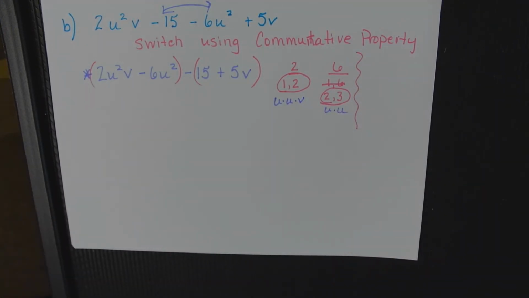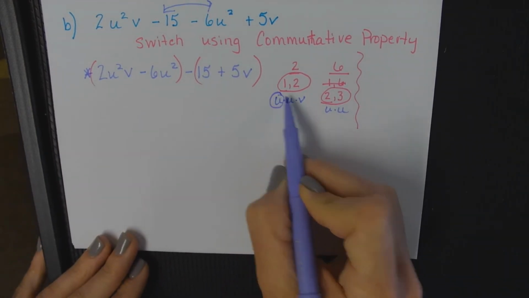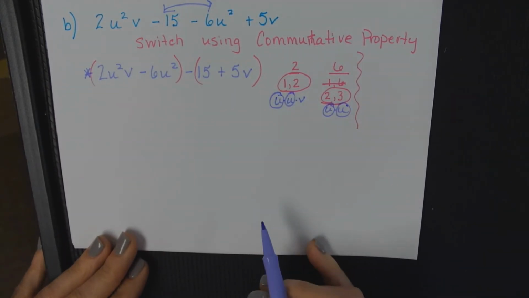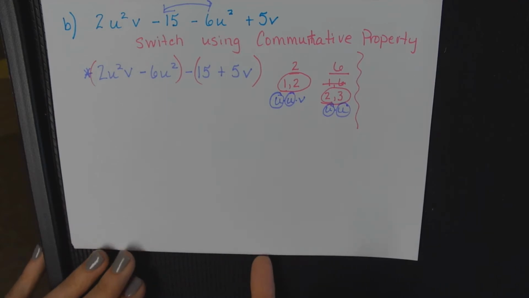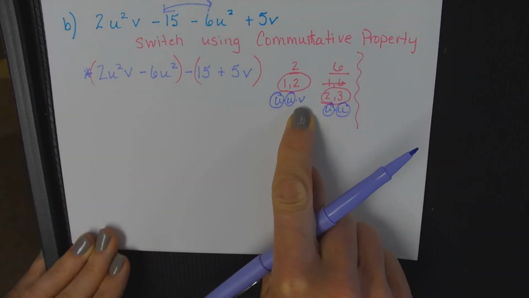Let me stop there and make sure you're caught up. Both of these terms share what variables? How many? 2. 1, 1, 2, and 2. Does everybody see that? Okay, so what's left here? V. All right, so let's go over here.